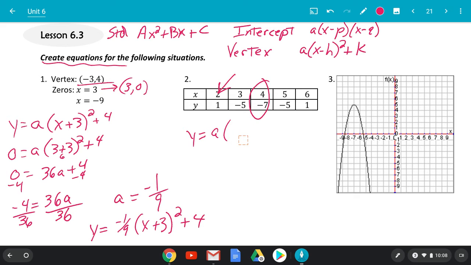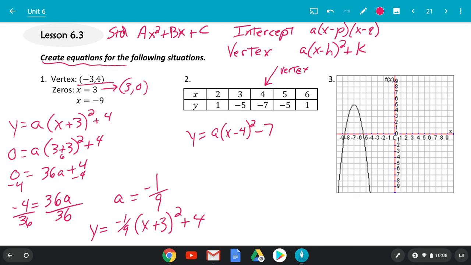You know what, I'm going to take my time since you guys are at home, and I'm going to do it step by step. Let me plug these values in first, because that's my vertex. So x minus 4, so that 4 goes in there, quantity squared, minus 7.